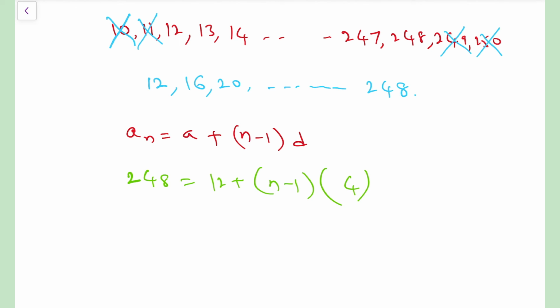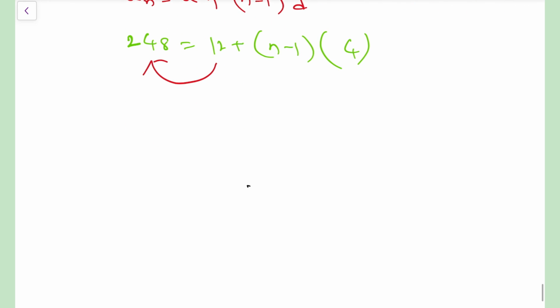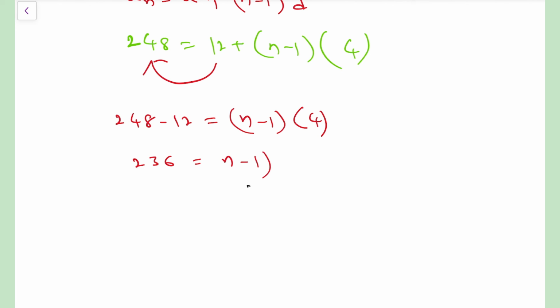Here taking 12 to the left side, it becomes minus. 248 minus 12 equals n minus 1 times 4. 248 minus 12 is 236, equals n minus 1 into 4. Taking 4 also to the left side, 236 divided by 4 equals n minus 1. 4 1s are 4, 4 5s are 20, 4 9s are 36.